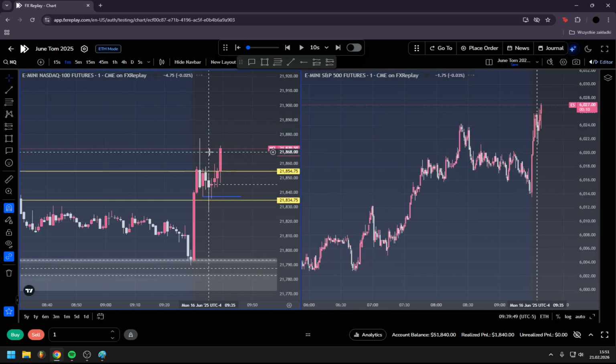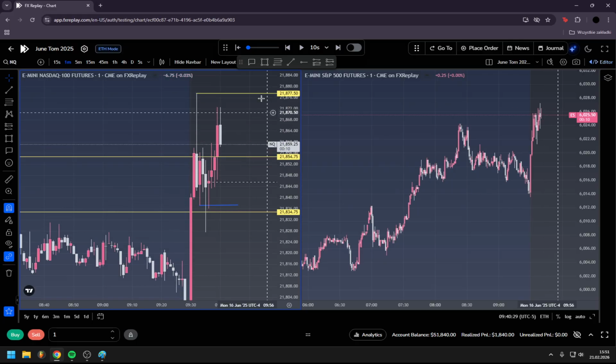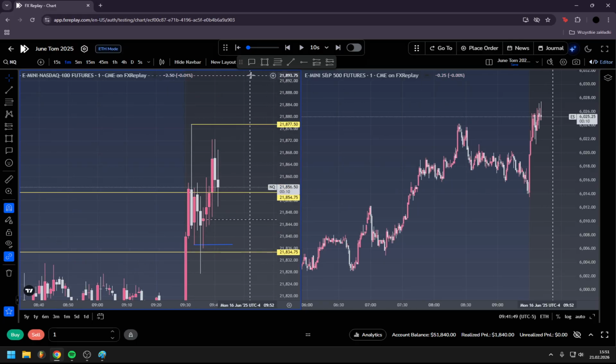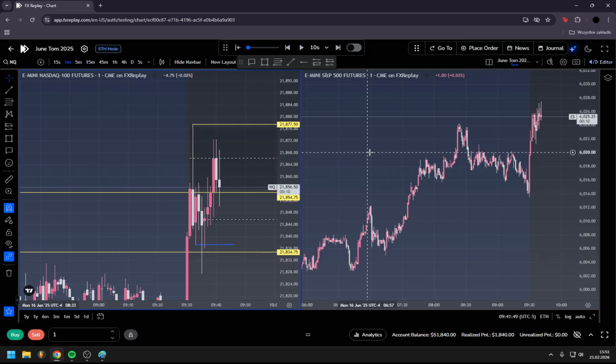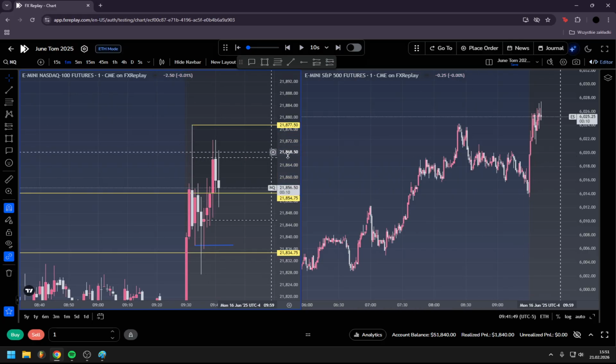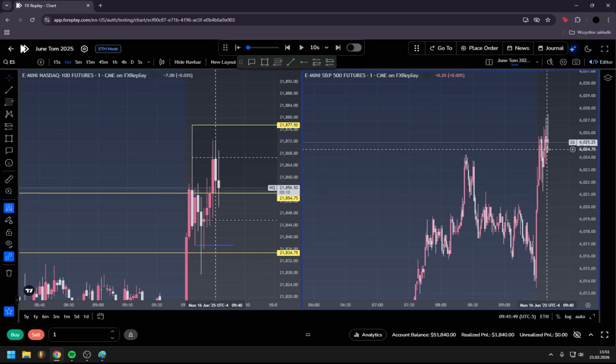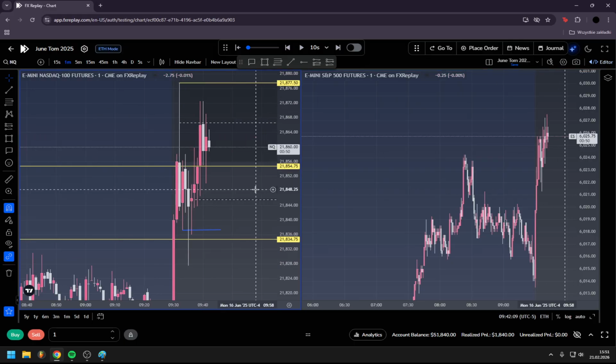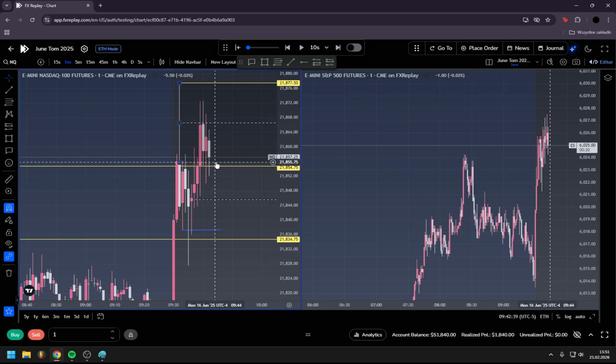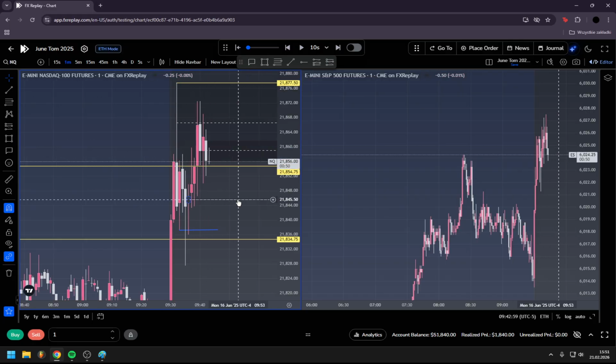Let's see if we remanipulate this. So we respect the 50. Displace lower, manipulation here. Let's see if we respect the order block here.